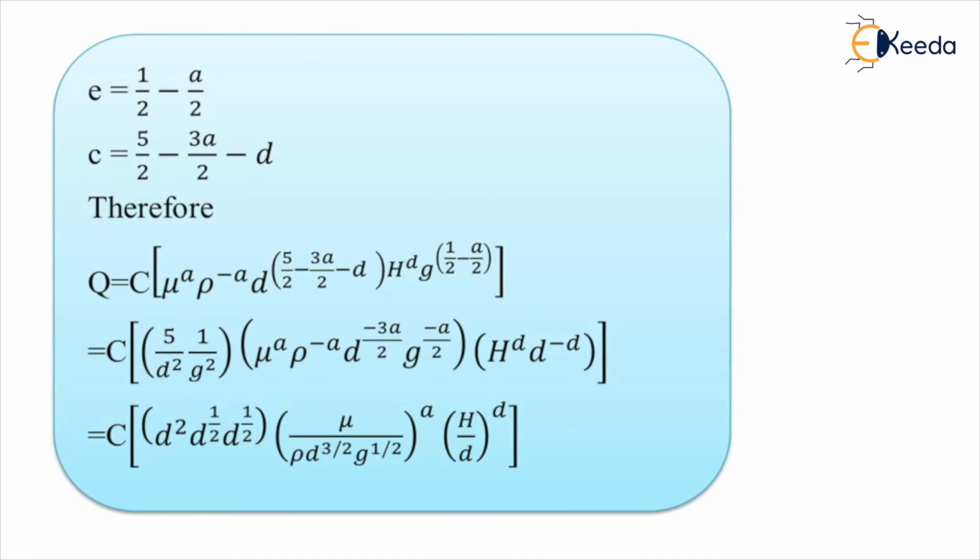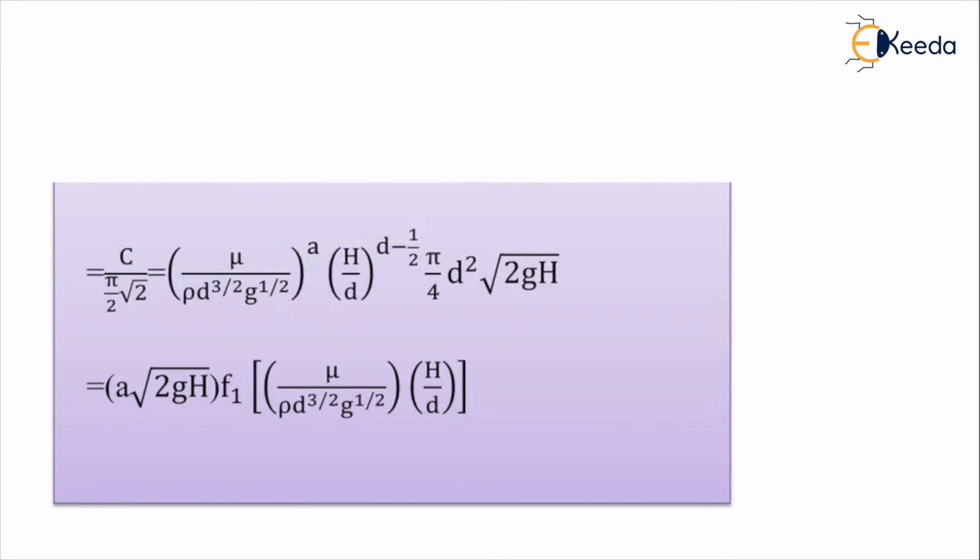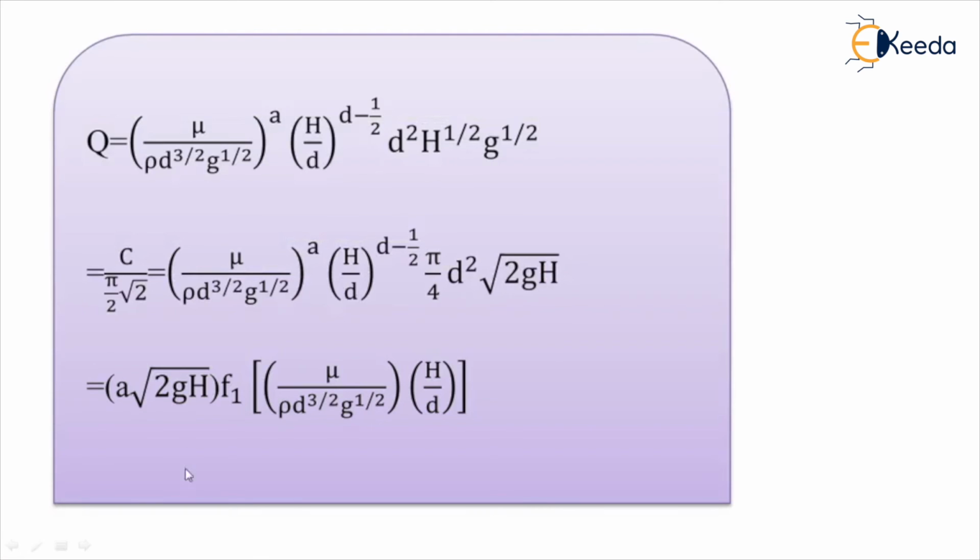By substituting the values of b, e and c in the equation of Q, we get the final result as, see here, this one is the last result: A into square root of 2gH into function of, that is f1 of mu upon rho d raised to 3 by 2 g raised to 1 by 2, and H by d.